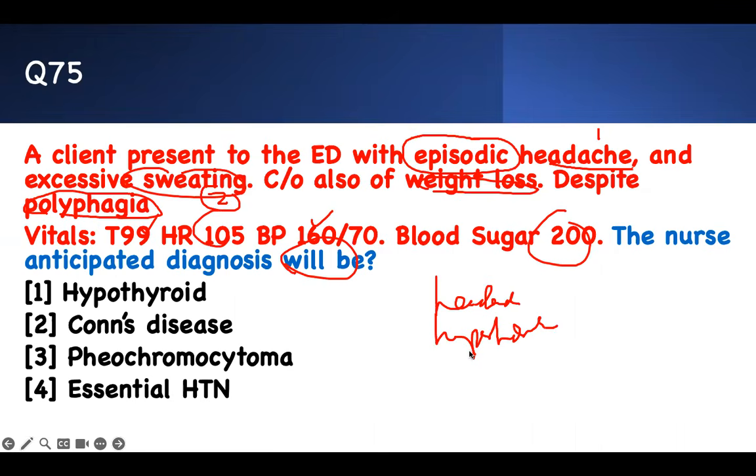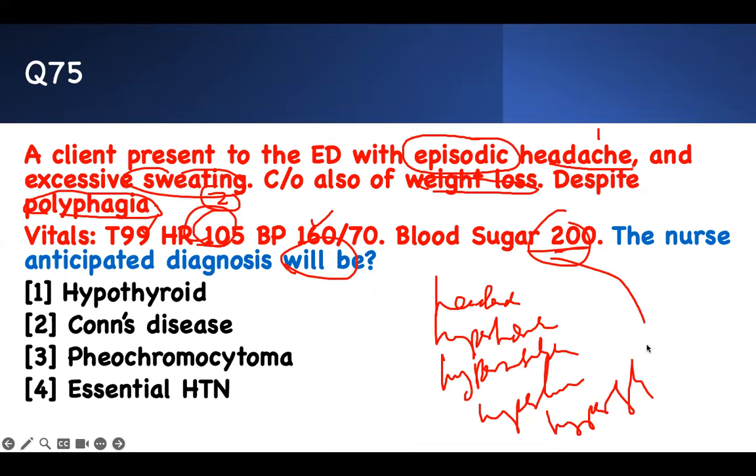hyperhidrosis. Weight loss despite me eating means the metabolic rate is high, hypermetabolism, right? Tachycardia, hypertension, and my sugar is high, hyperglycemia. All this is related to you releasing epinephrine or norepinephrine. These are our stress hormones. You can say it's essential hypertension, but we have a cause.